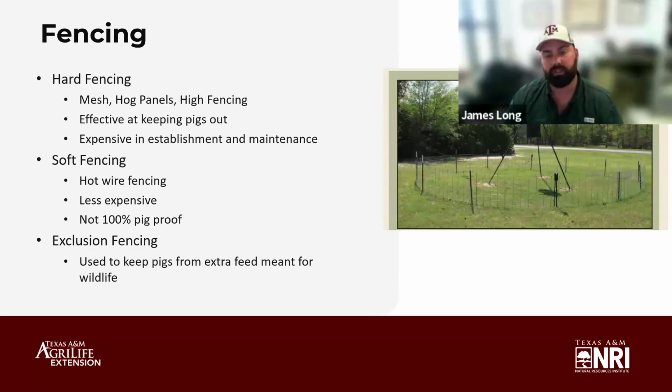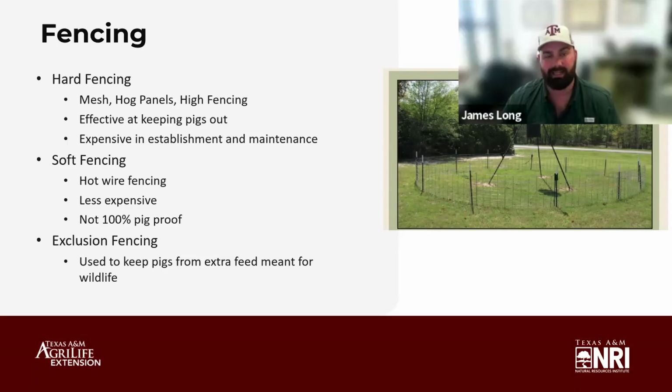So starting with fencing, we have a couple different types. We have hard fencing, soft fencing, and exclusion fencing. With hard fencing, we're talking about your mesh, your hog panels, your high fencing. The upside of this is it can be 100% effective at stopping feral pig damage and intrusions.